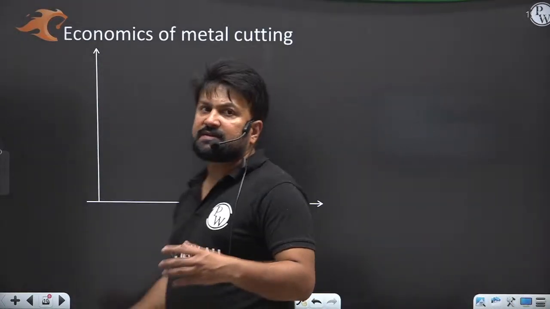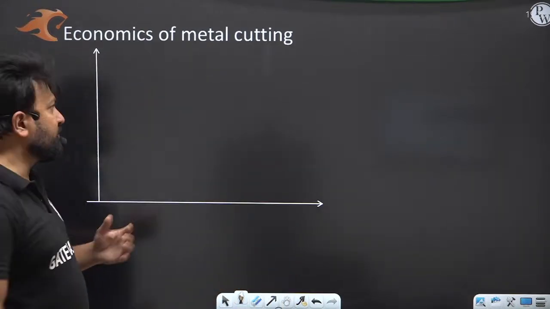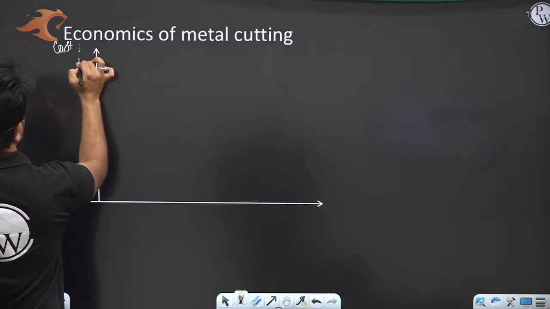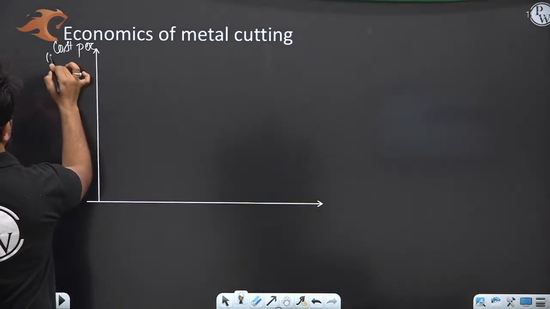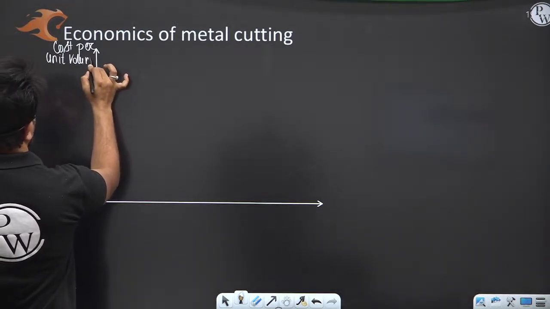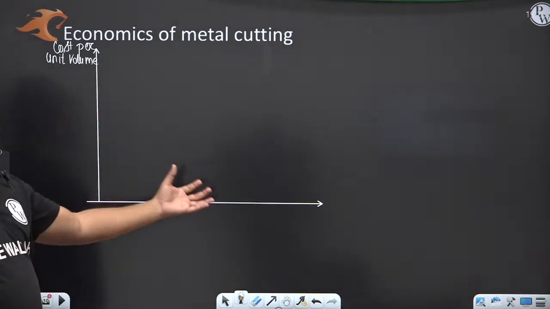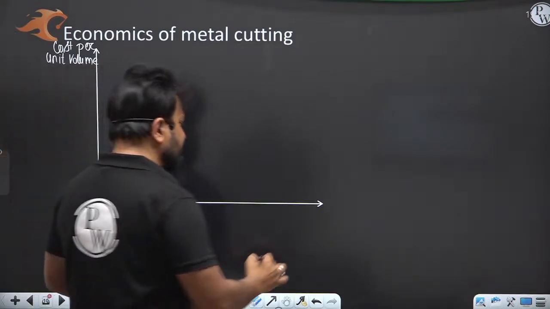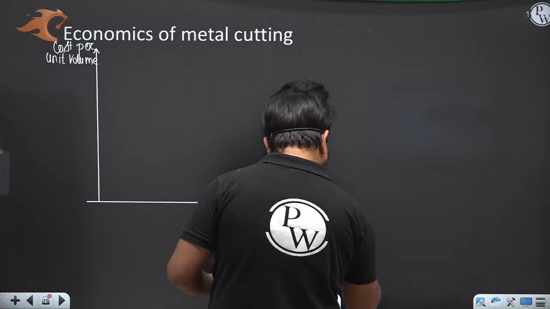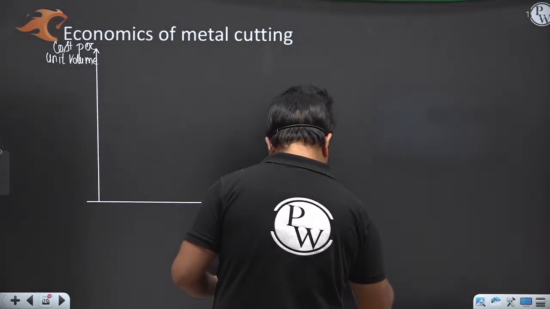On the y-axis is the cost per unit volume, and on the x-axis there will be the cutting speed.